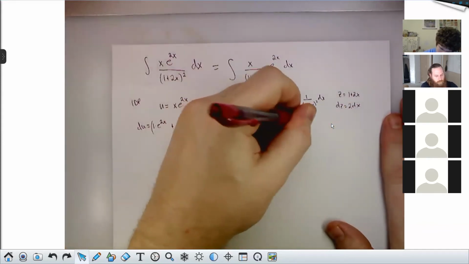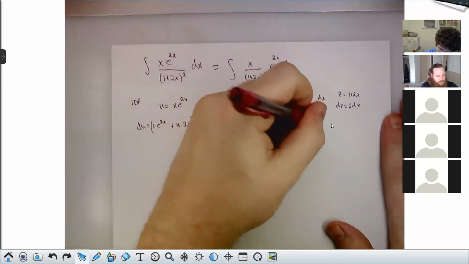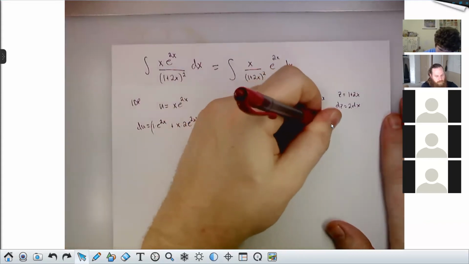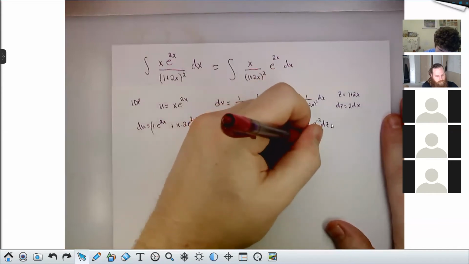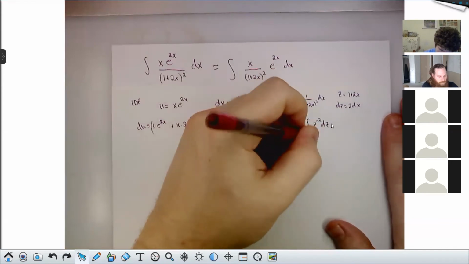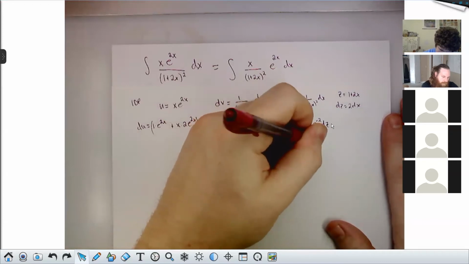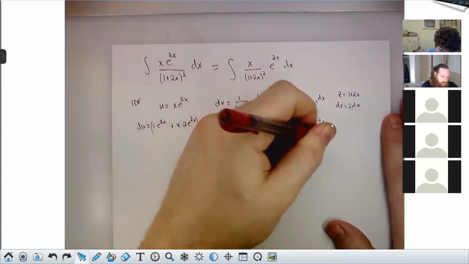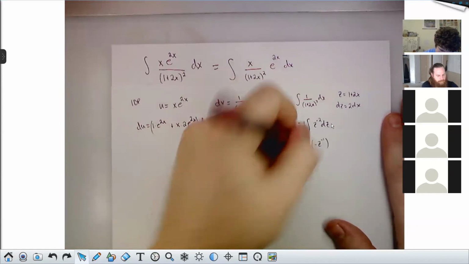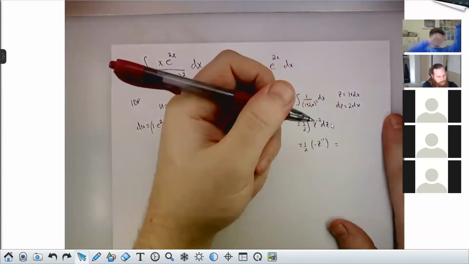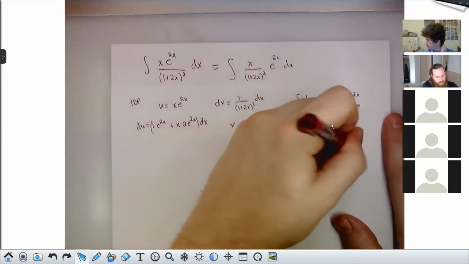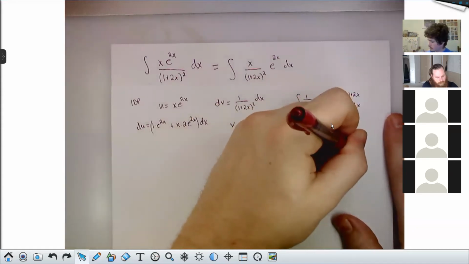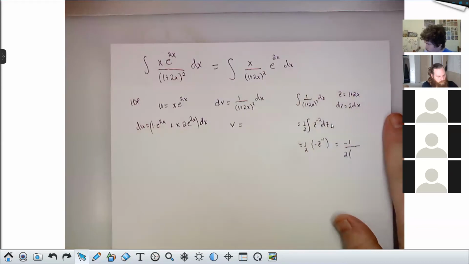And you would get 1/2 integral z to the negative 2 dz, which is 1/2 times negative z to the negative 1. So that's going to be negative 1 over 2 times z, which is 1 plus 2x.